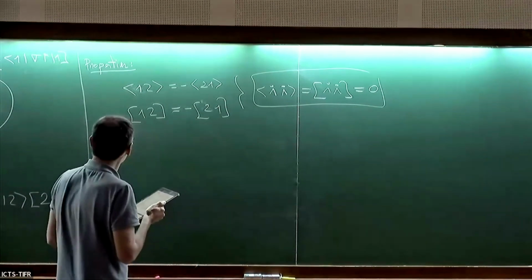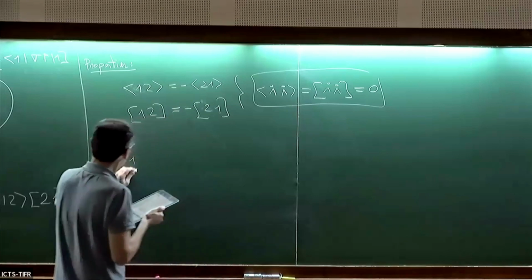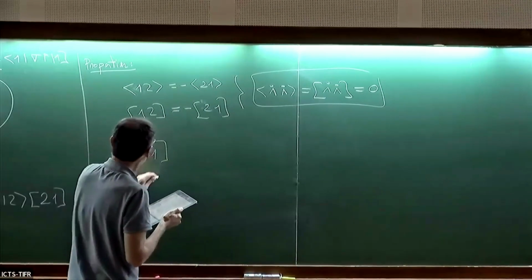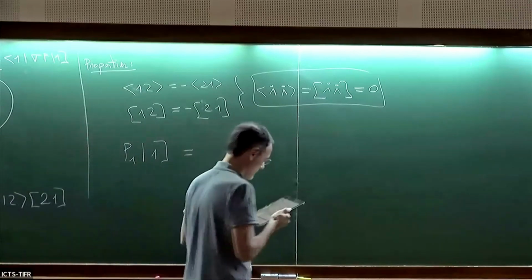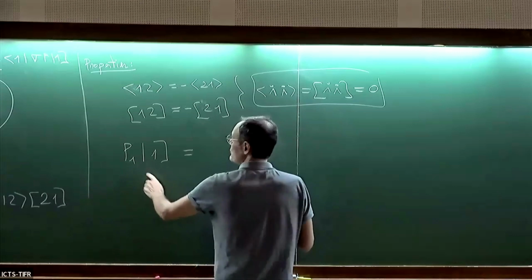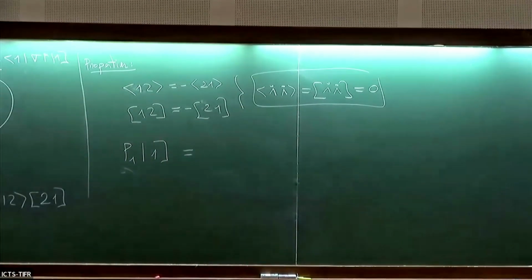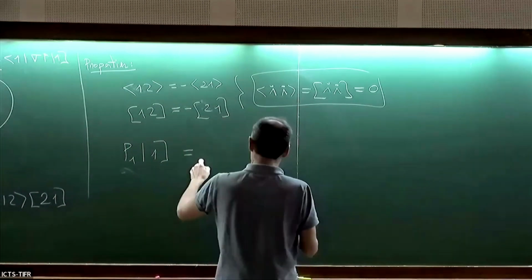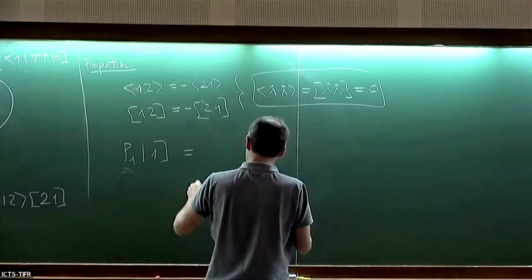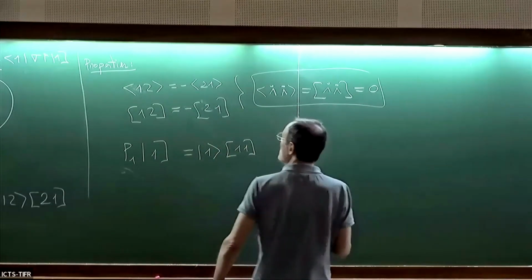And I already probably discussed this, but when you have the momentum of the particle 1 acting on spinor 1, I use the definition of P1, again the definition there, similarly here, and I get <1 1> times spinor 1.